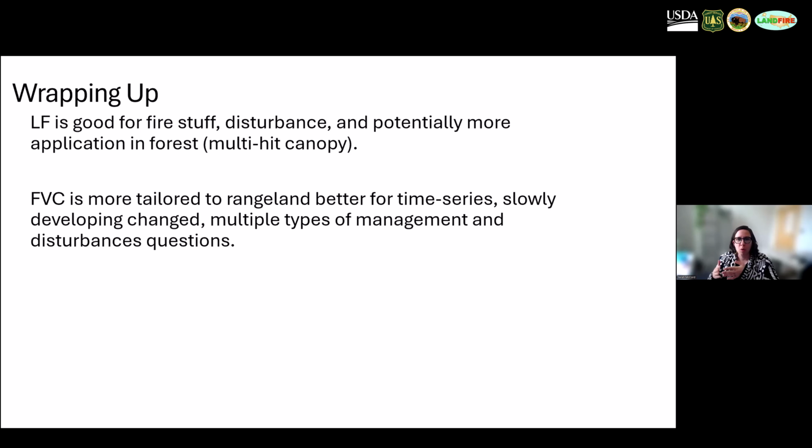And so the more time you have between measurements, the more likely you are to detect a meaningful change, just because you're more likely for that meaningful change to have manifested in the system, especially in non-disturbance areas like fire. Where you have one big change from one year to the next, I think you're going to fairly reliably detect that using remote sensing.